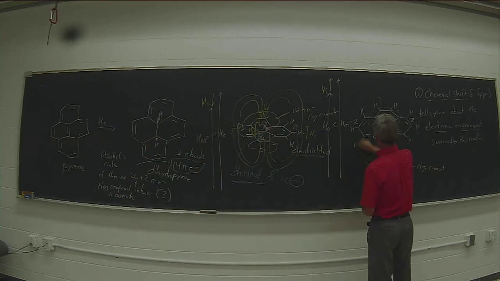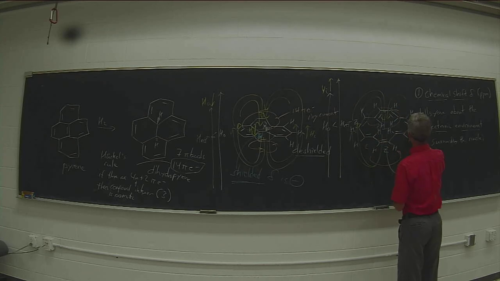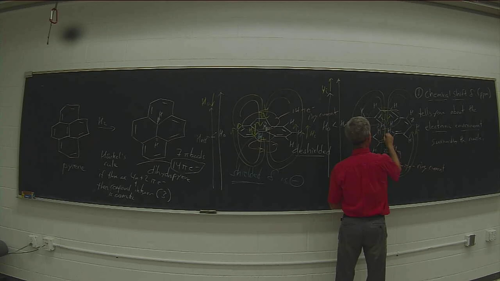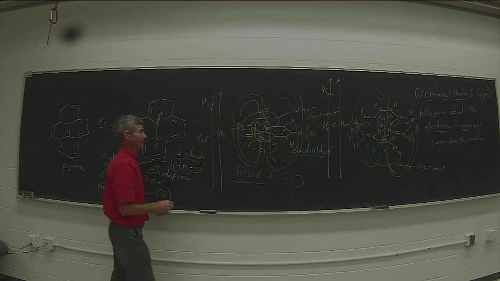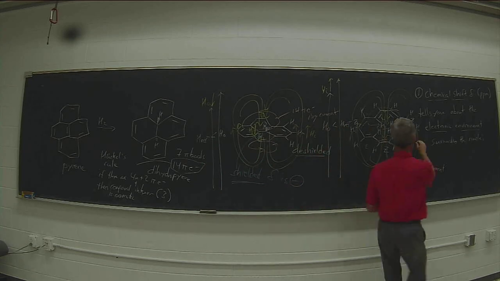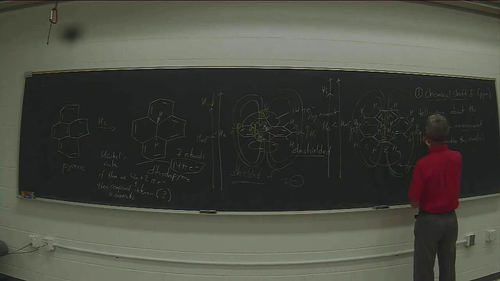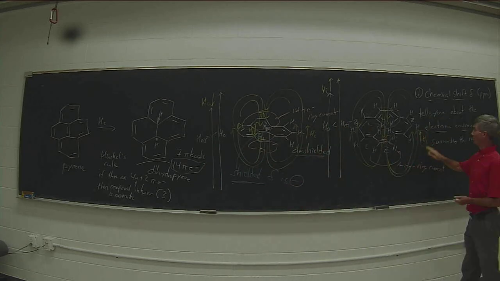And then we've got magnetic lines of force that in the center where the 4 blue hydrogens are is causing a large induced field that goes against the applied field. And on the outside where the 10 hydrogens are is causing an induced field that reinforces the magnetic field.